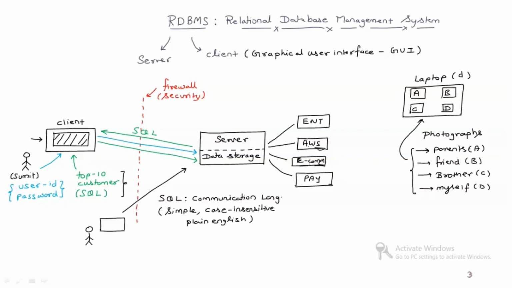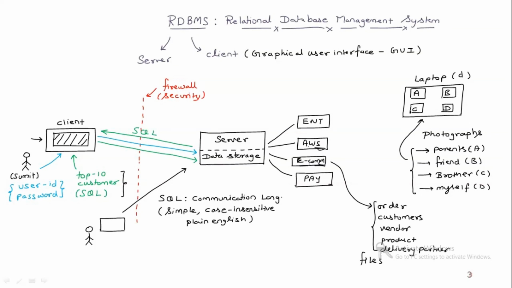So these are my folders. Within each folder, I will have multiple files. Let's say order file, customers file, then vendor file, then product file, then delivery partner file. So these are my files and these are my folders.